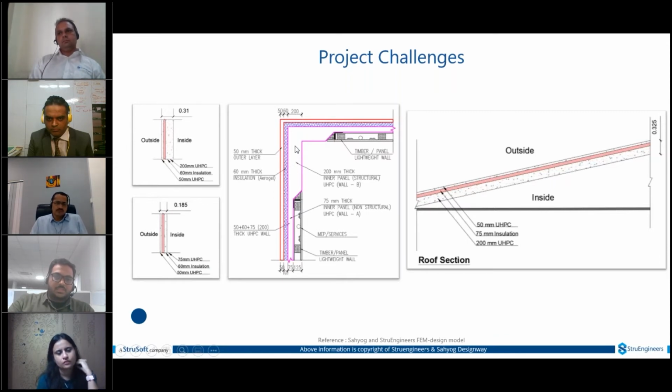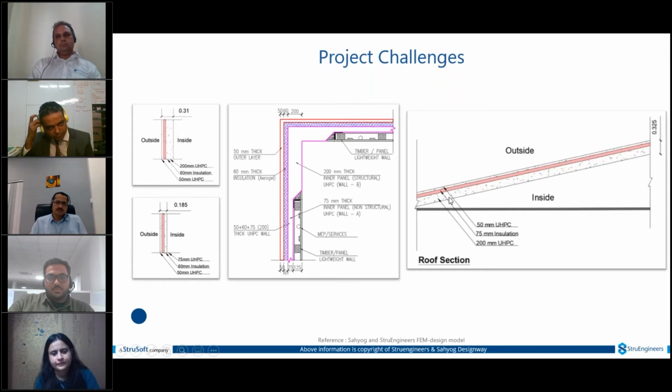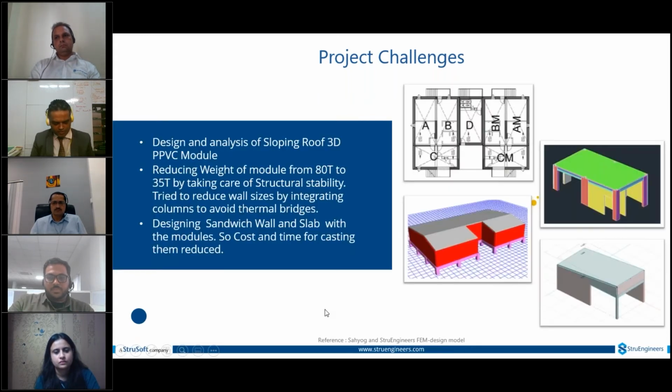It acts as a structural stability unit, and the other part as elements. For the vertical system, and for the horizontal system, we had to design an inclined slab, and all this had to be designed in FEM for lifting also. That was the major challenge, and this drastically changed the weight of the module to less than 35 tons.